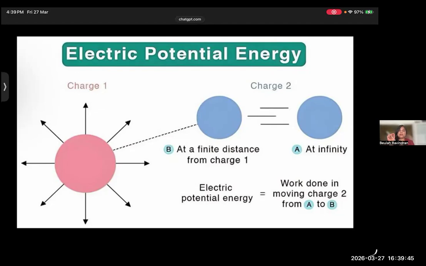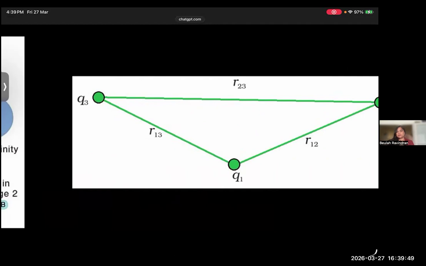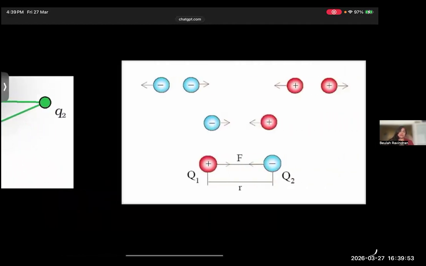It depends on the relative positions of charges. See here, relative positions of charges, okay, mainly. And then we can say it is the internal property of the system.